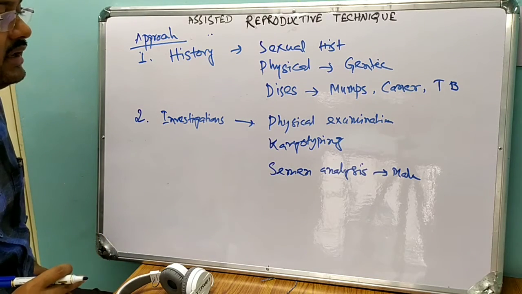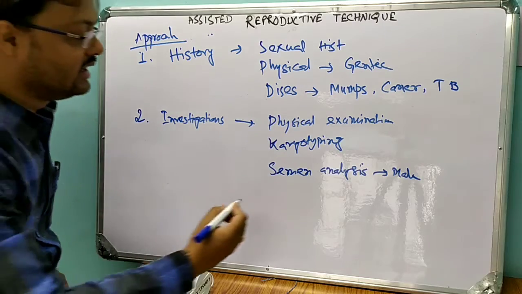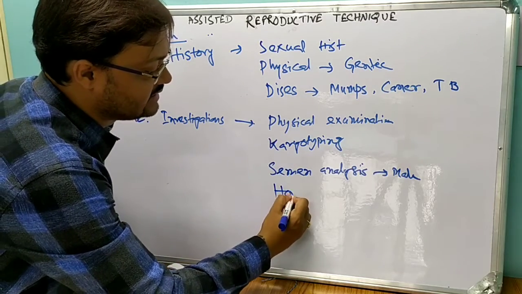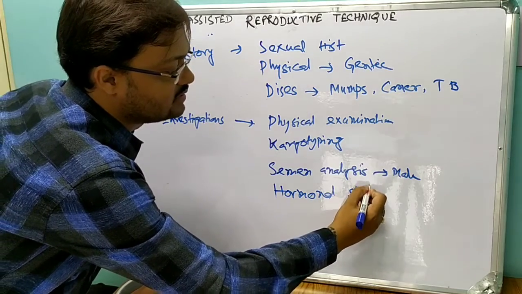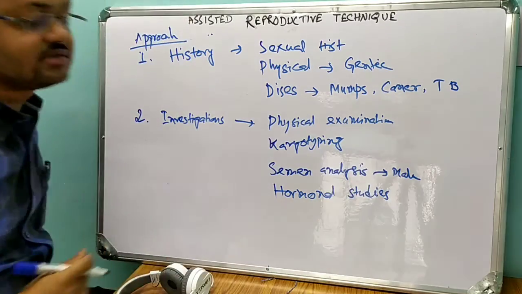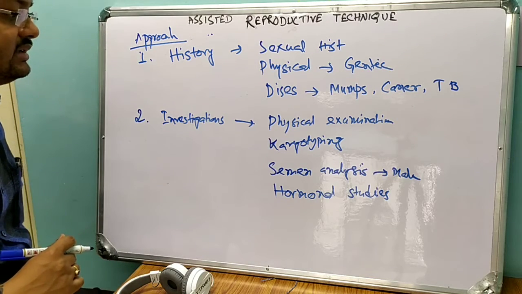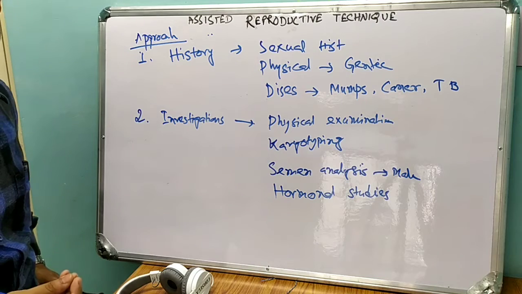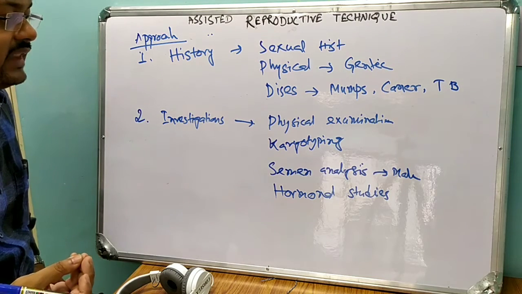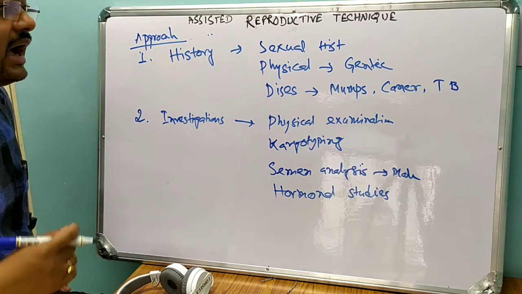And then you have to go for the hormonal studies. Any kind of hormonal disturbance, particularly of the sex hormones, may lead to infertility. Say, for example, hyperprolactinemia is a very common disorder in case of a pituitary gland tumor.